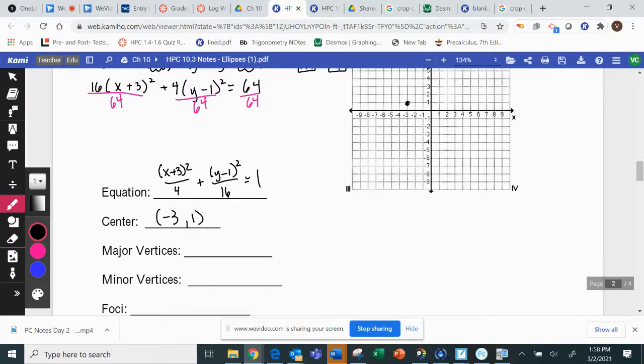Find information. So the major vertices are under y. So I will change the y value in the center.